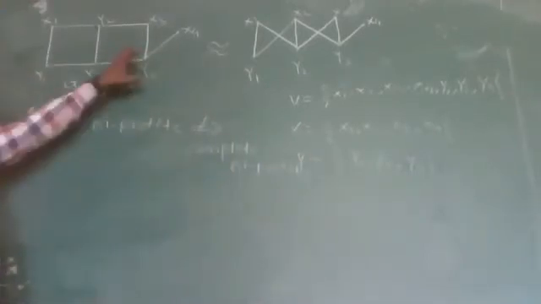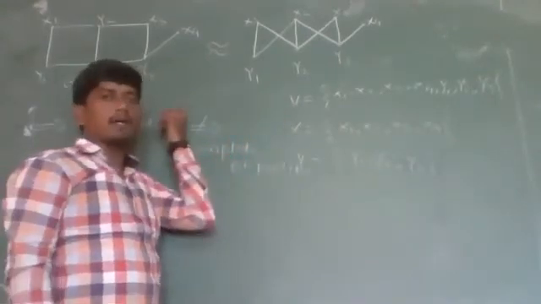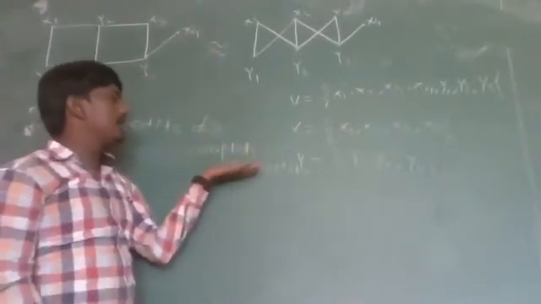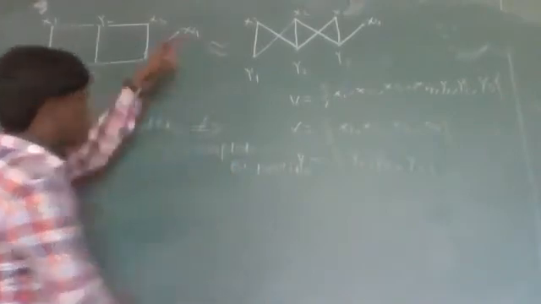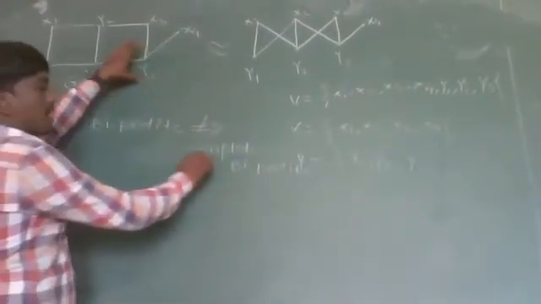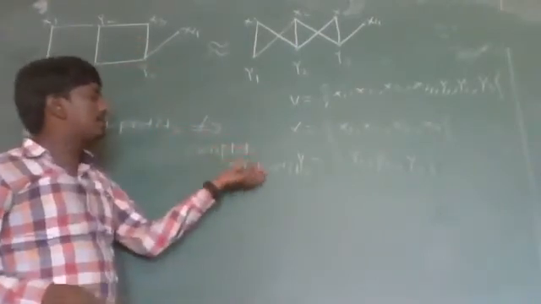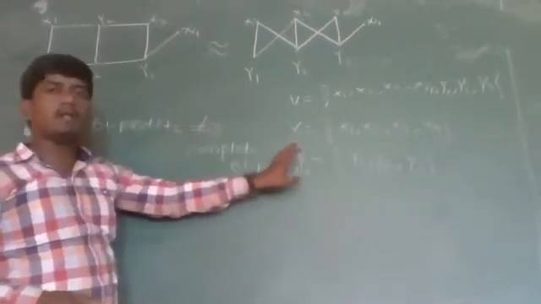Now, what about the converse? Is a complete bipartite graph always a bipartite graph? The converse is always true, since in the definition of complete bipartite graph, we say that a complete bipartite graph is a simple bipartite graph. It implies a complete bipartite graph is always a bipartite graph, but a bipartite graph may or may not be a complete bipartite graph.